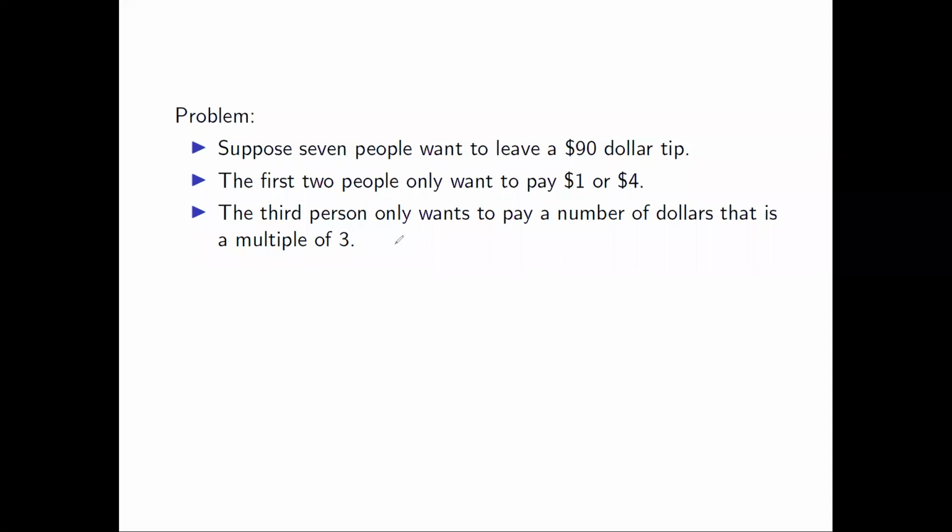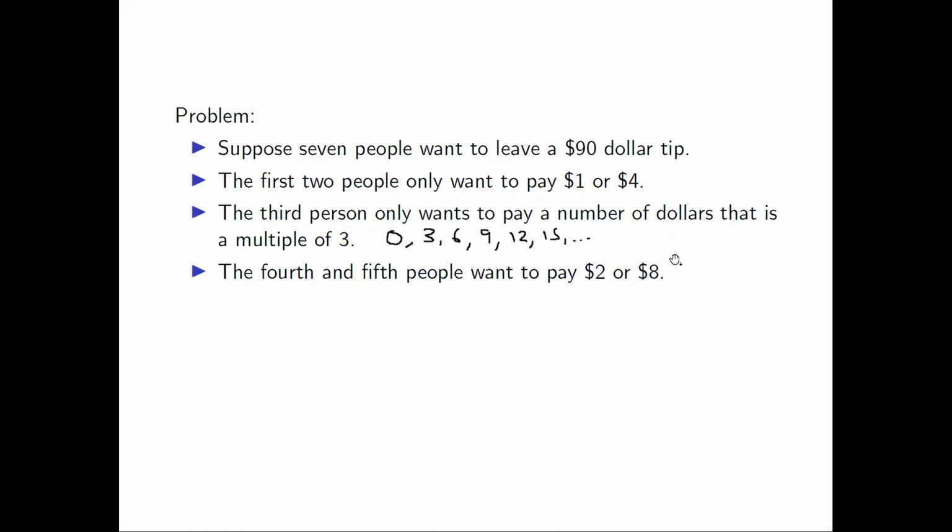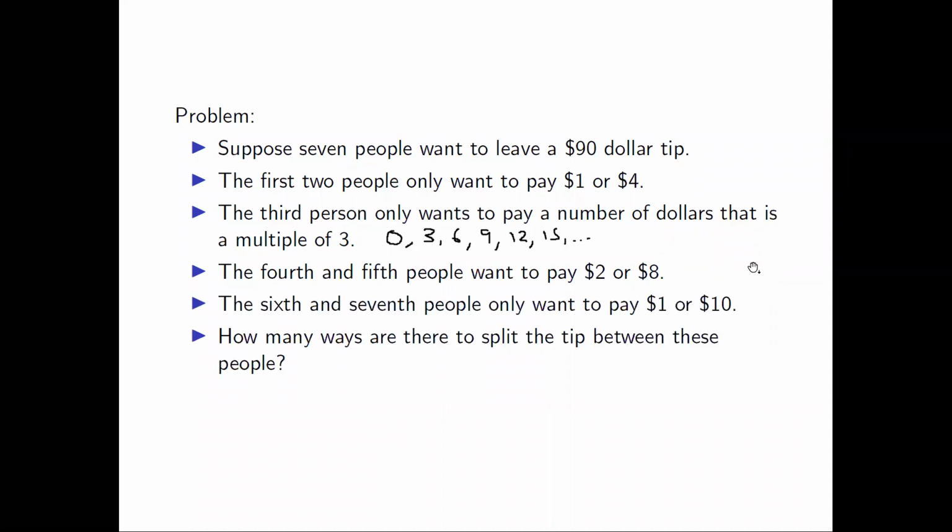So for example, 0 is fine, 3 is fine, 6 is fine, 9, 12, 15, and so on, forever. The fourth and fifth people are only willing to pay $2 or $8. And then the sixth and seventh people are only willing to pay $1 or $10. The question, same as the previous slide: how many ways are there to split the tip between these people?